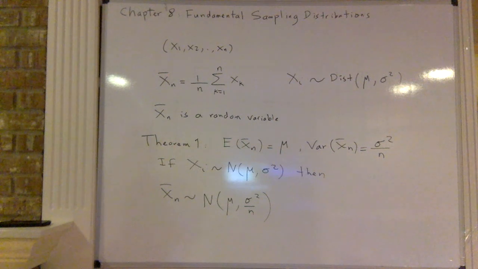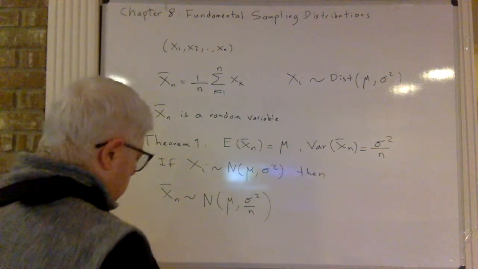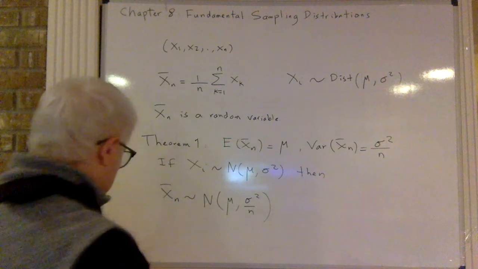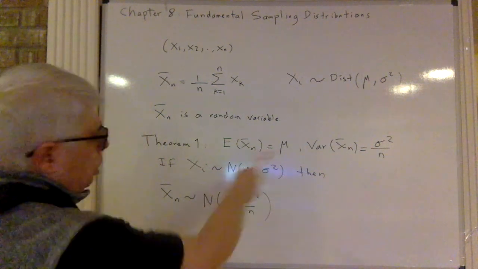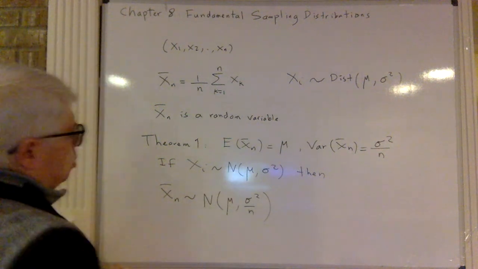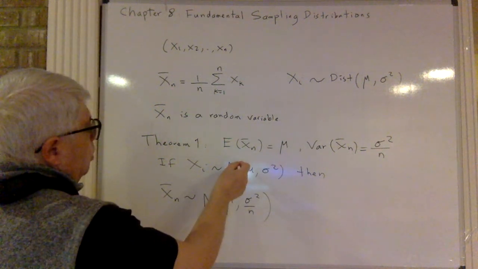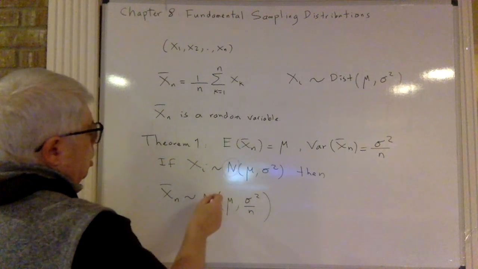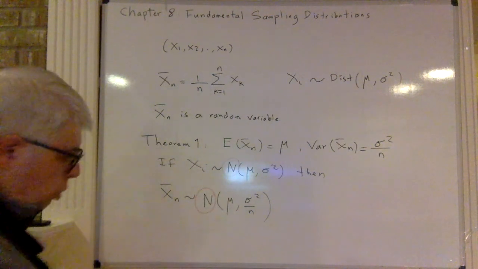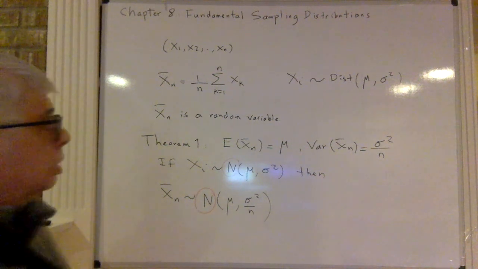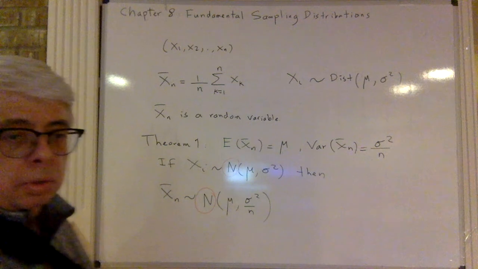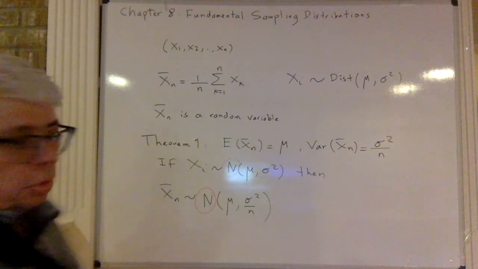In fact, you might say, so what did we do here? What did we prove? Because this is very easy. That's not the theorem. The theorem is in fact this: if you have normal here, then when you add them, you will get normal. So the part of the theorem which I said is beyond the scope of this course is this: when you add normal distributions, the sum of normal distributions is itself a normal distribution.